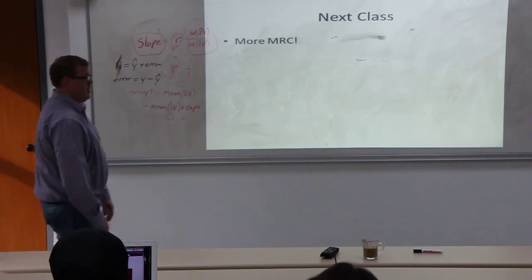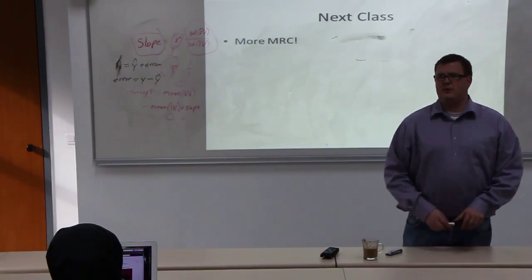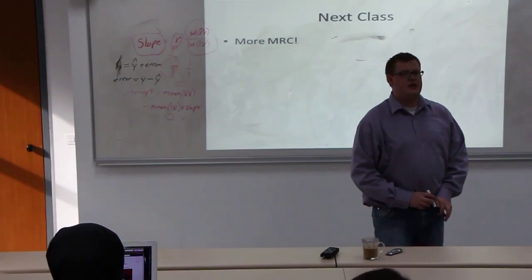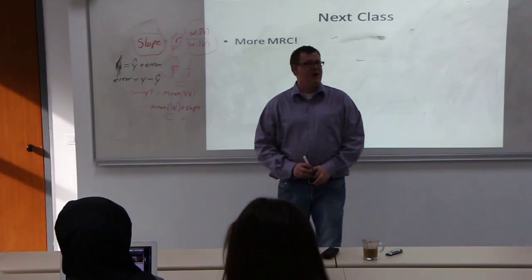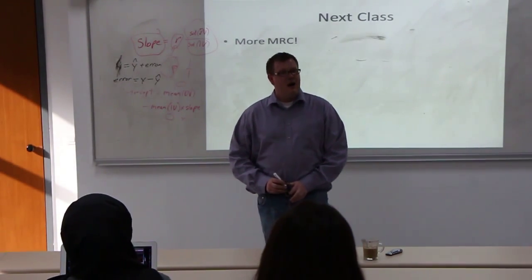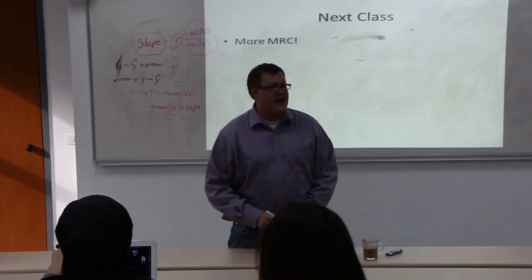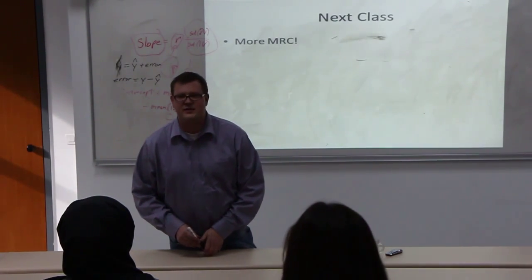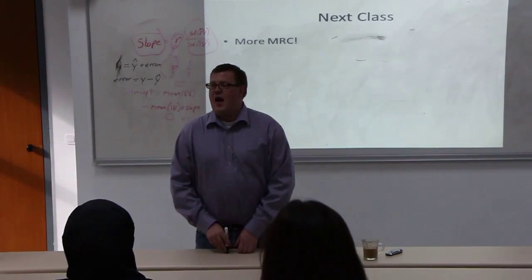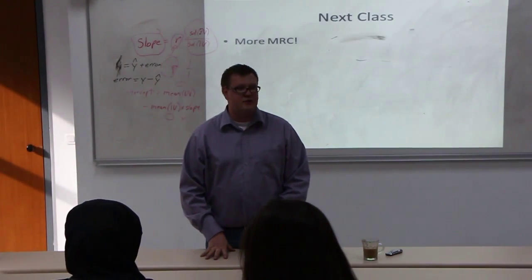Alright. Next class we will talk more about multiple regression and correlation. This class was difficult. Yes, it was. On Friday, we will see how we can skip a lot of this stuff and just be able to calculate the things that we're interested in directly.